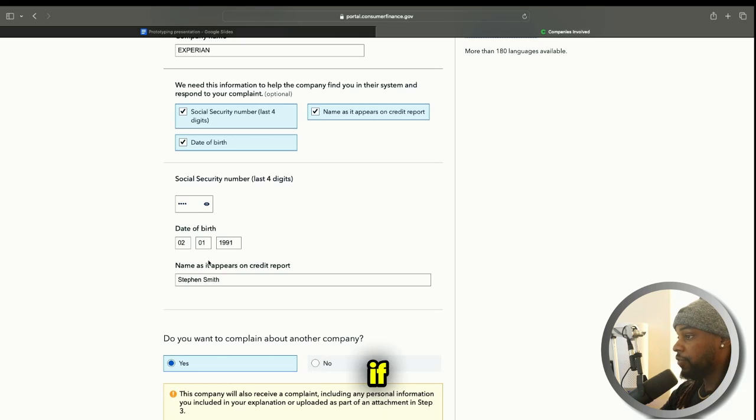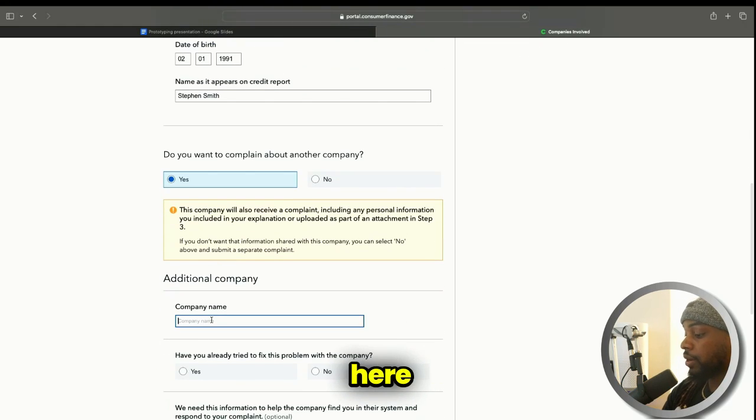But again, if you have different accounts, you have to do that separately. So if I have one account with ABC Finance Company, I submit a complaint for them, but I can send it to all 3 credit bureaus at the same time. And then if you have a collection to 123 Inc., you take 123 Inc. on its own complaint, but you can then submit it to all 3 credit bureaus at the same time.